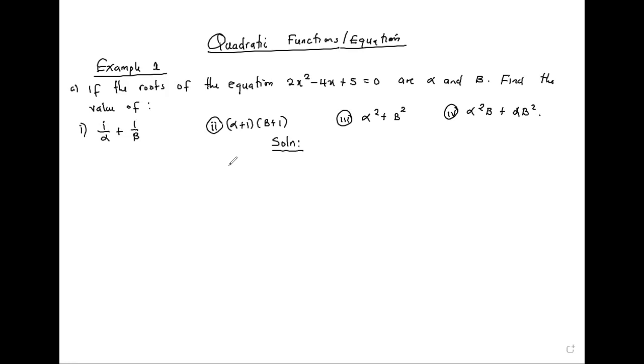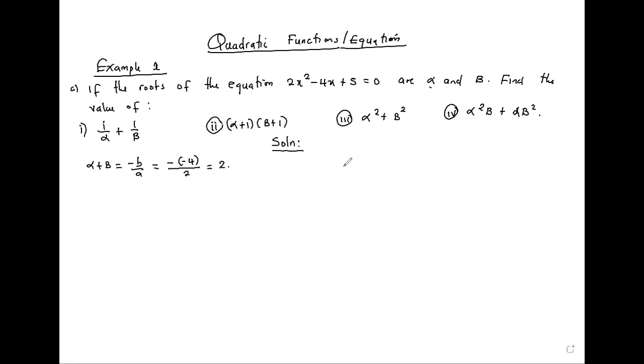So before we write 1 or 2 or 3 or 4, we get the sum. What is the sum of the roots from the given quadratic? Since we are told that alpha and beta are the roots of the equation, what is their sum? We said it is negative b over a. B is negative 4 and a is 2, so we get positive 2.